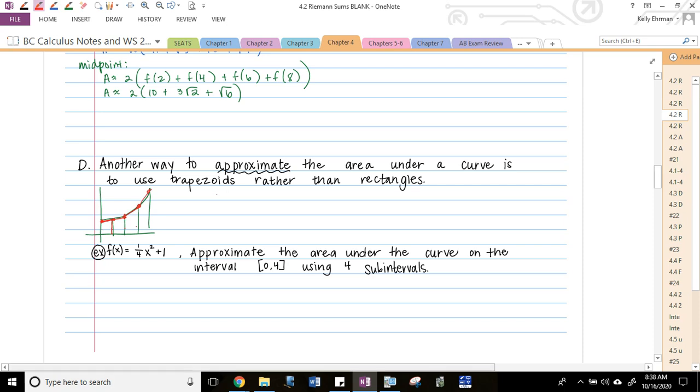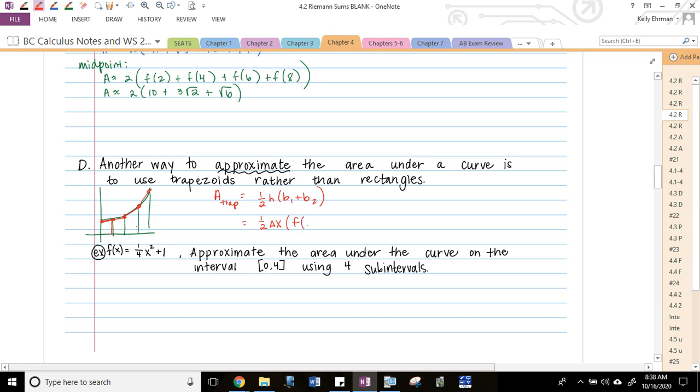You do need to remember how to find the area of a trapezoid. Area of a trapezoid is 1/2 the height times the sum of the bases. Now for us, the height of the trapezoid is always the perpendicular distance between the 2 parallel sides. So for us, the height is delta x every time. And then the sum of the bases will be function values.